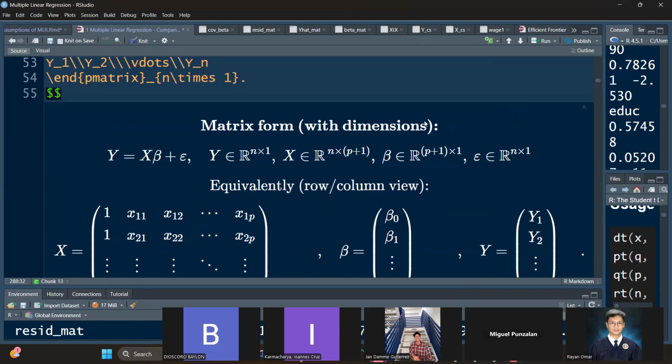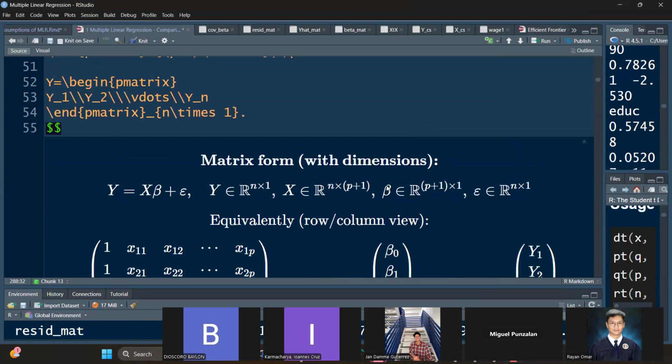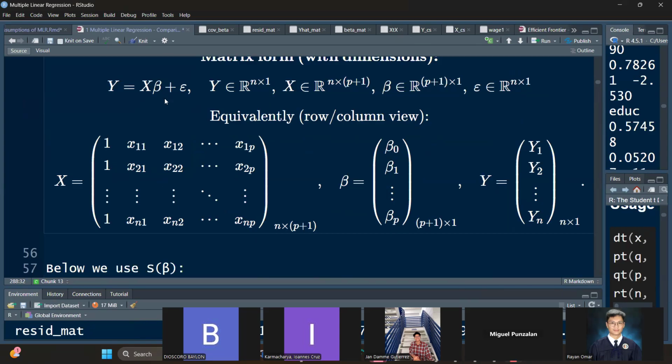So let's have a quick review. The multiple linear regression equation is based on this matrix equation: y, your dependent variable, is equal to X times beta. X is your matrix of predictors, including the column for the intercept.